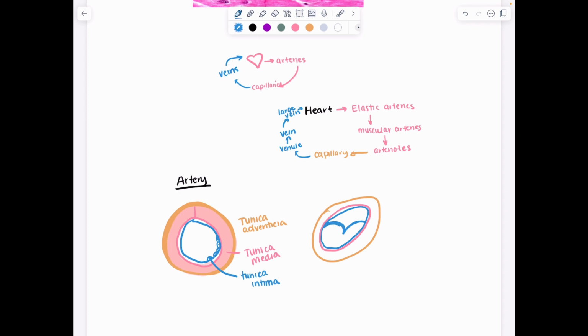And what our valves do in our vein is prevent backflow, because valves go against gravity. And because it's going against gravity, blood will like to pool downward. And so what this allows us to do is allows blood from our toes to get all the way back up to our heart. And the valves kind of stop that backflow from happening.